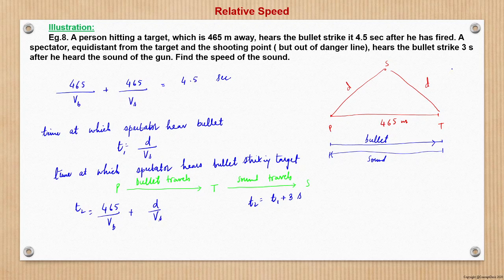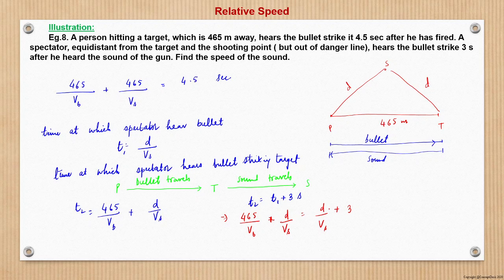He hears it after 3 seconds. So 465 by VB plus D by Vs is equal to D upon Vs plus 3, right?